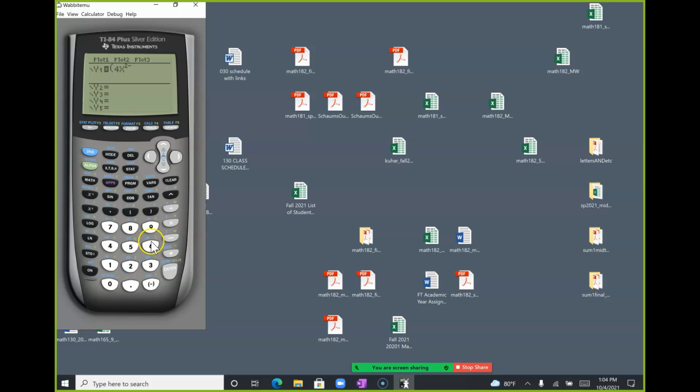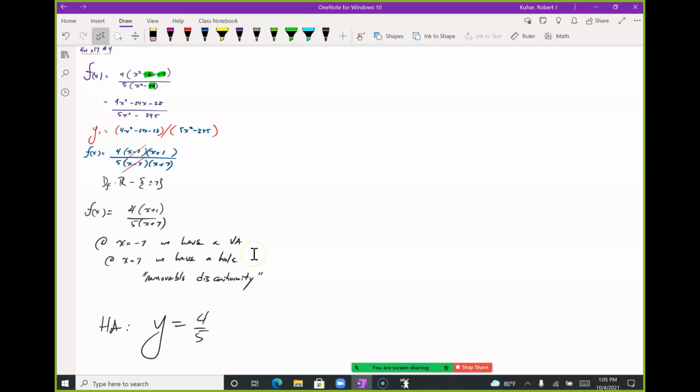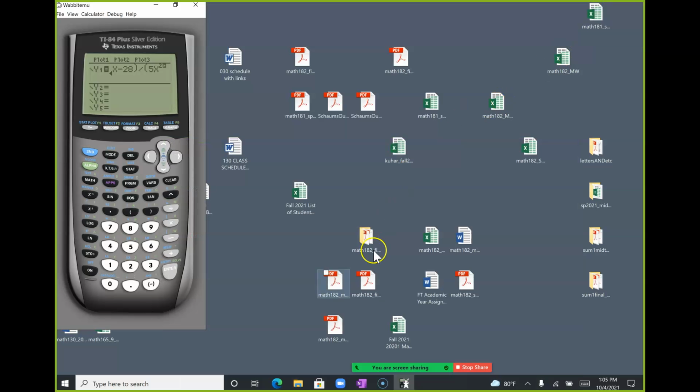Minus 24x, oops. Minus 42, no, 28, help me please, am I right? Divided by, yeah, it was 28. Yep, divided by parenthesis 5x squared minus 2 what? Minus something, help me. Fine, I'll just do everything myself. Minus 245. Don't help me then.